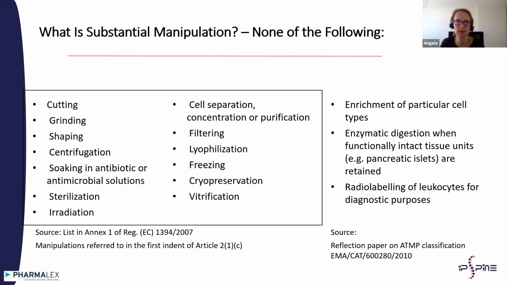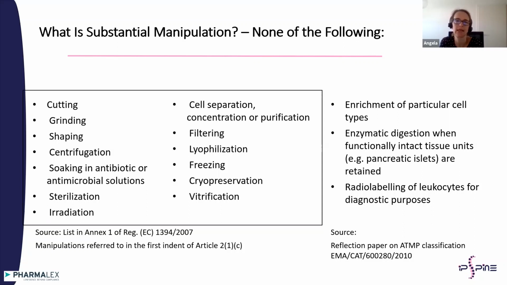Some slightly more interesting examples are provided in the reflection paper on ATMP classification, which is specific to this classification exercise. So they also say enrichment for particular cell types is not a substantial manipulation. So even if you have this wild mix normally in real life and you just take out some cells, they're not changed in their characteristics.